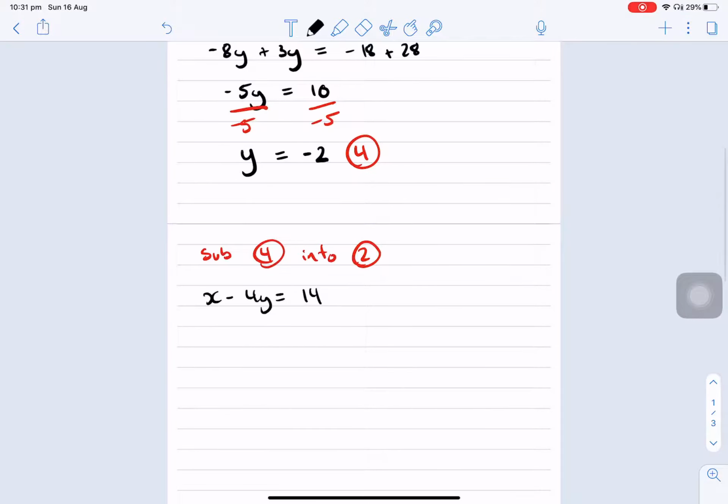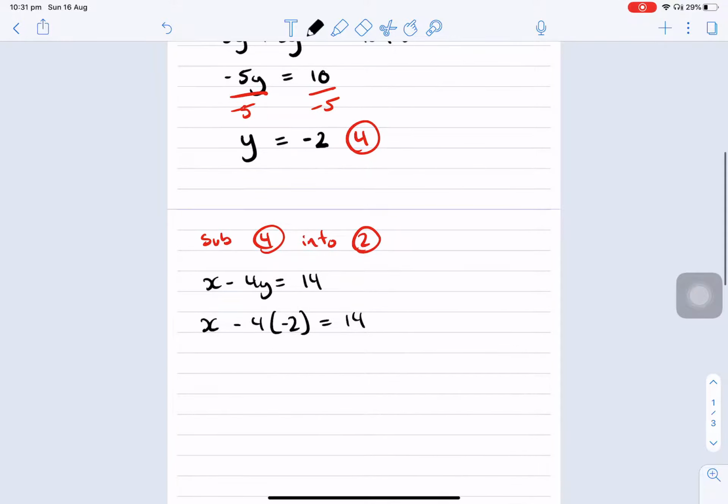Our value for y from equation 4 is negative 2, so we have x minus 4 lots of negative 2 equals 14. And we have x minus 4 times negative 2 is negative 8 equals 14.